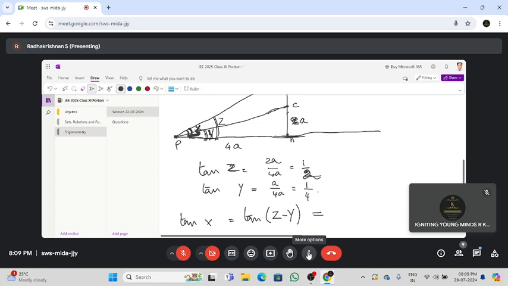But is that the formula for tan Z minus Y? Have you studied the formula in your book? What is tan of Z minus Y? Sir, tan Z plus minus Y, sir. No. Let's now hear from Varshini. Varshini, tell me, what is the formula for tan of Z minus Y?